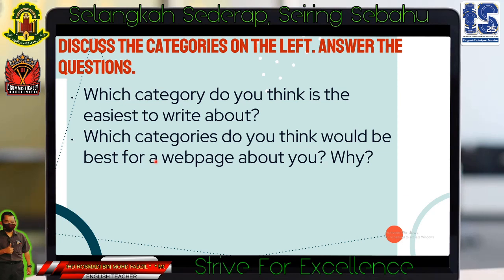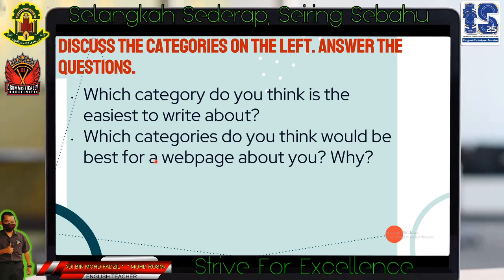I like movies, I like music, I like reading, I like traveling. So that is the reason why. Or maybe some of you will say, my friends. The best category that I want to choose for my web page is my friends, because I have a lot of interesting friends. So bila ada banyak kawan, idea tu banyak lah nak tulis. Am I right?